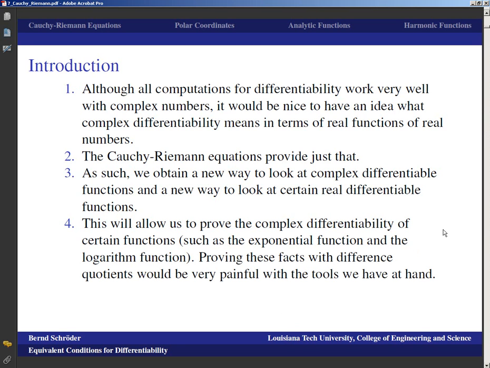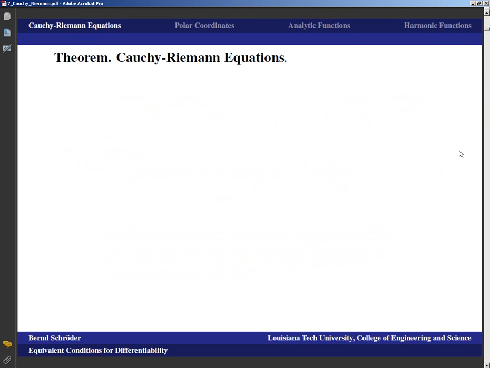It would not be impossible, but it would take quite a while to do and would require rather epic computations with difference quotients. From the more abstract point of view that we're taking in this course, we'd rather do these epic computations once to construct a tool, namely the Cauchy Riemann equations, and then just keep using that tool.